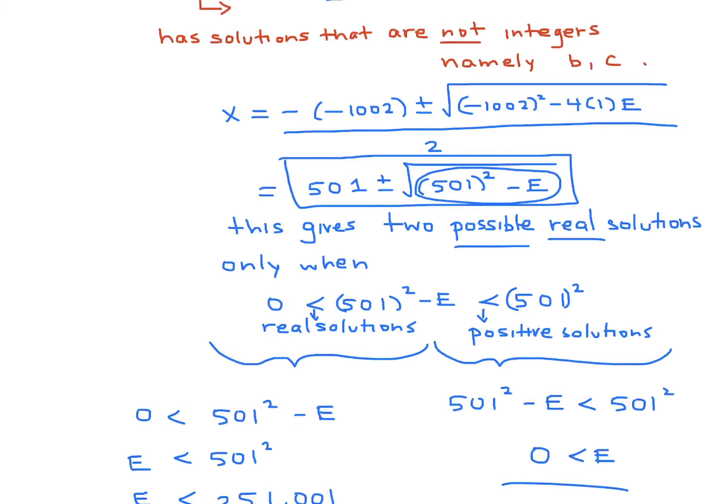So if e was, for example, 0, e can't be 0, but if it was, it would be 501 squared, taking the square root. You see how that becomes an integer? Or any value of e that makes this 500 squared, any value of e that makes that 499 squared, those will give integer values, and you can't have those.